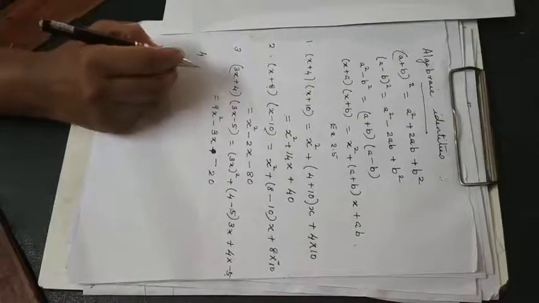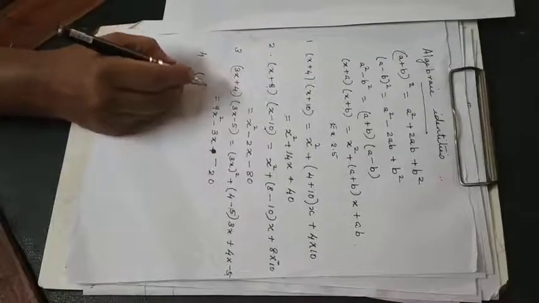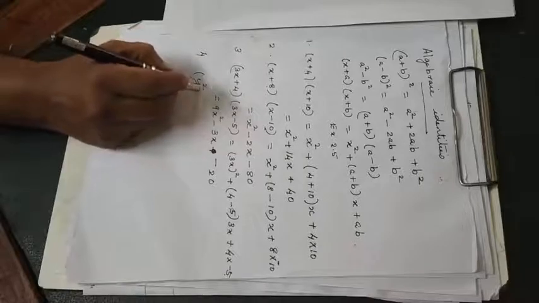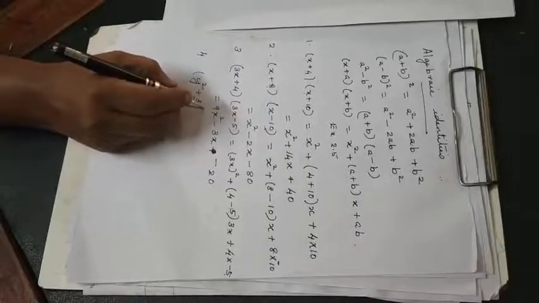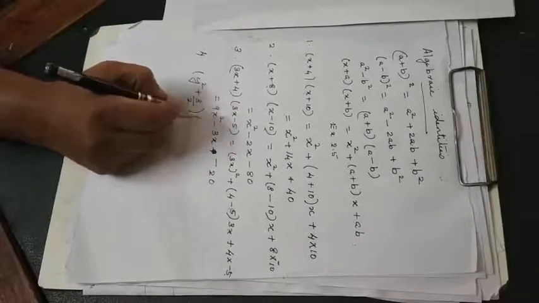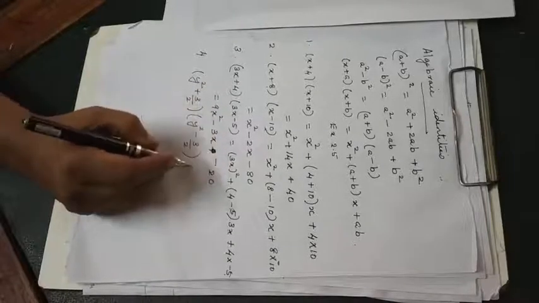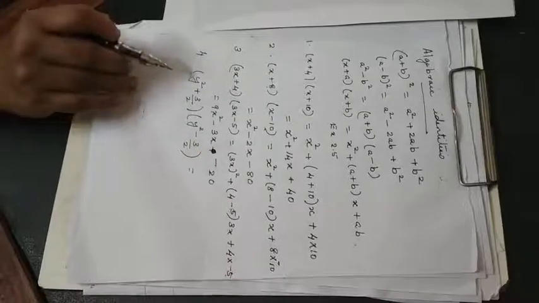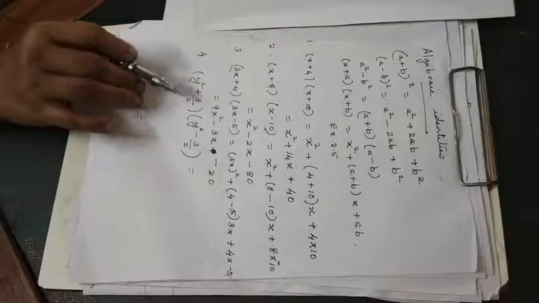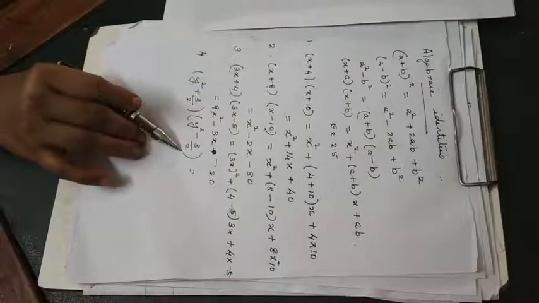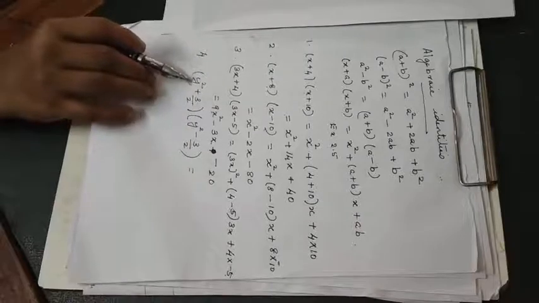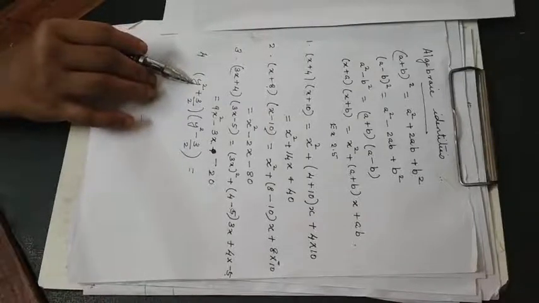Now fourth one, (y square plus 3 by 2) into (y square minus 3 by 2). Now look at here, it is in the form (a plus b) and (a minus b), where our a is equal to y square.